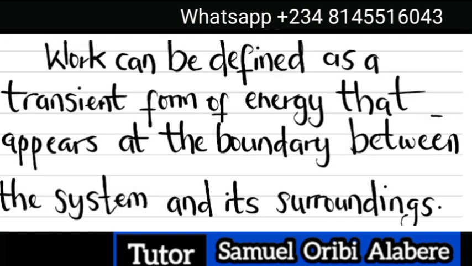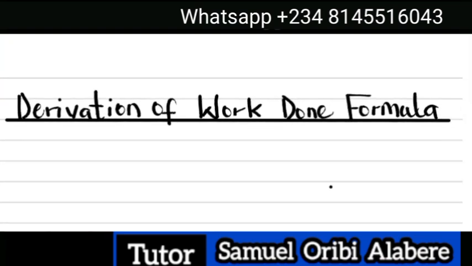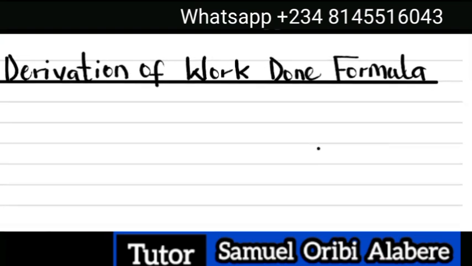Now that we know the definition of work, let's go over to the derivation of the work formula that is used in calculations in thermodynamics. So, derivation of the work done formula.